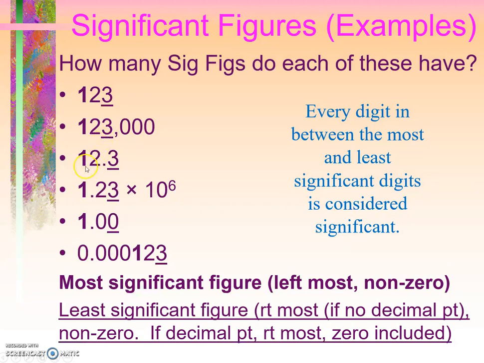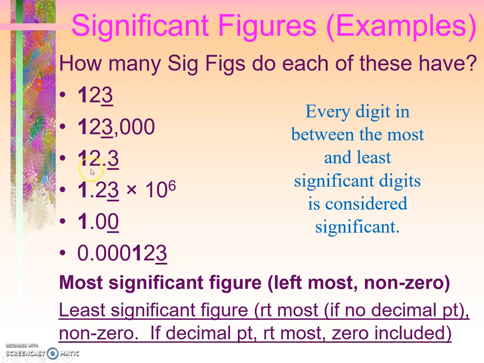Then this one down, 12.3, once again you look to the left, the leftmost non-zero number is the 1, that's the most significant digit. It has a decimal point, so we look all the way to the right and we find the rightmost digit, whether it's a 0 or a non-zero number, and in this case it's a non-zero number of 3.